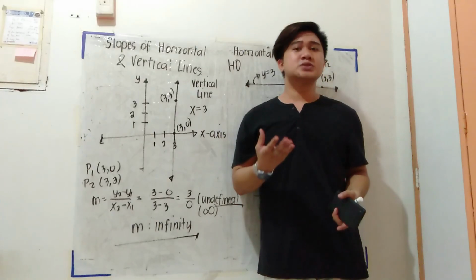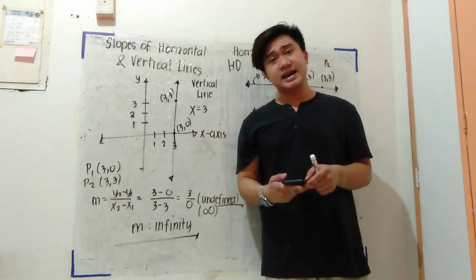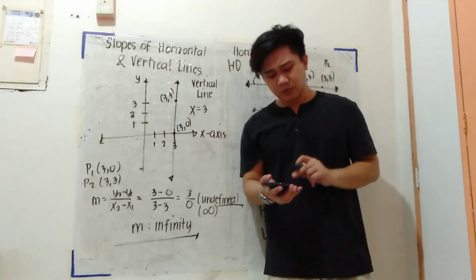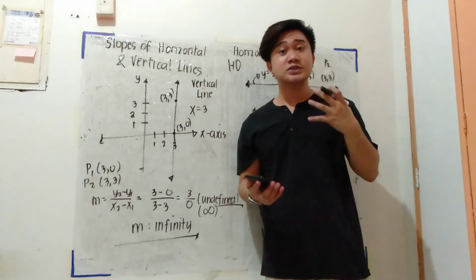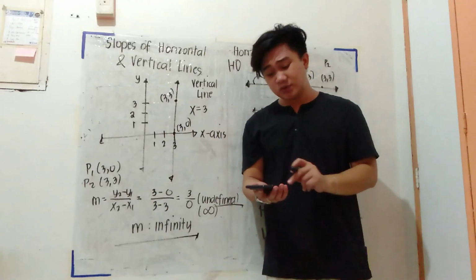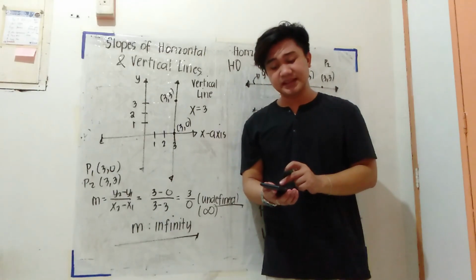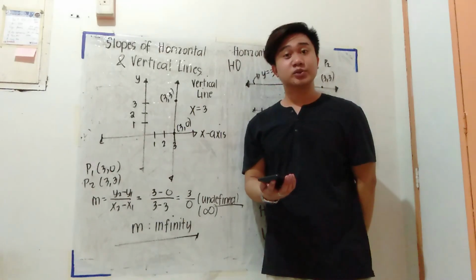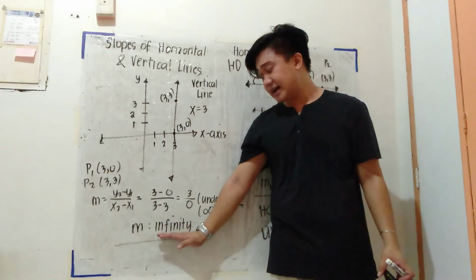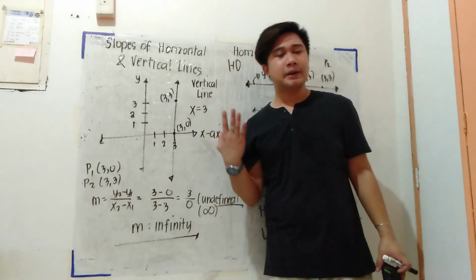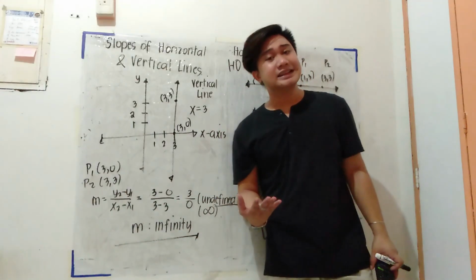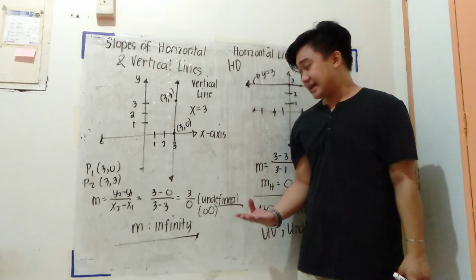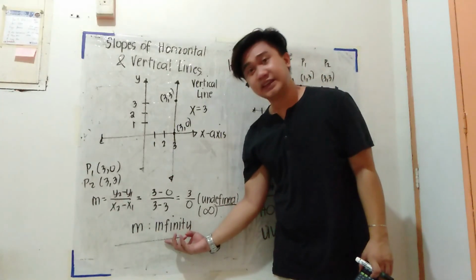Pero there is an approach in differential calculus kung saan ginagamit natin yung approximation, kung saan 3 divide mo sa sobrang liit, which is almost 0, let's say 1 times 10 raised to negative 10, at yung sagot mo ay 3 times 10 raised to 10, or simply itinitreat yun as infinity. Kaya kapag meron kang ibang number na dinidivide natin sa 0, you treat that as undefined or simply infinity kasi sobrang laki po.